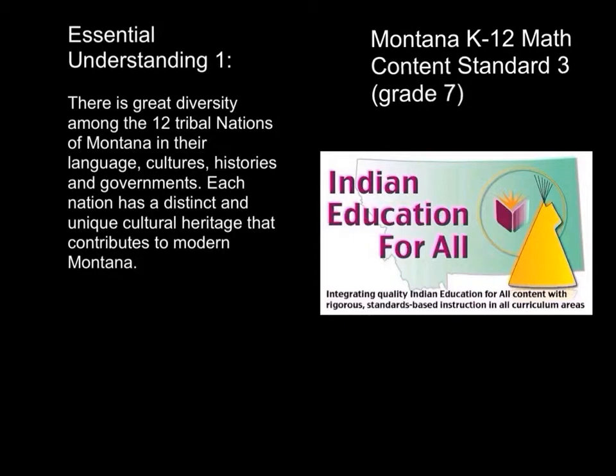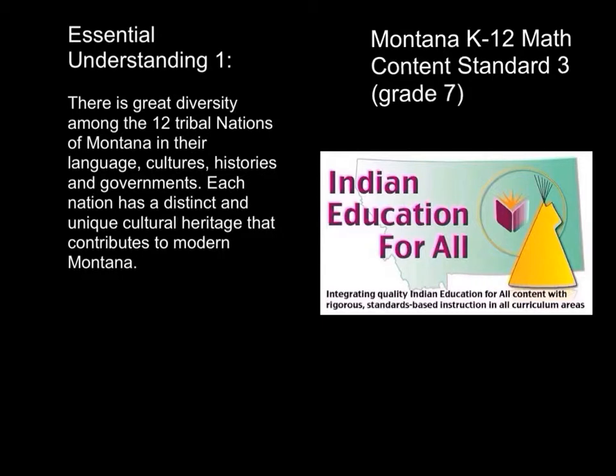So, to identify the IEFA essential understanding in this lesson, I had to think about what this lesson was teaching us about Montana Native Americans. And that most closely resembled Essential Understanding 1, which says, "There's great diversity among the 12 tribal nations of Montana in their language, cultures, histories, and governments.